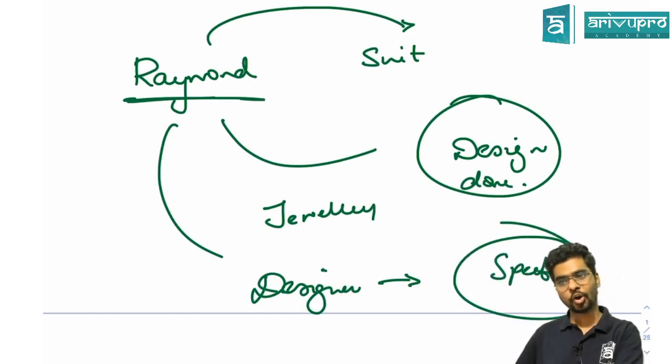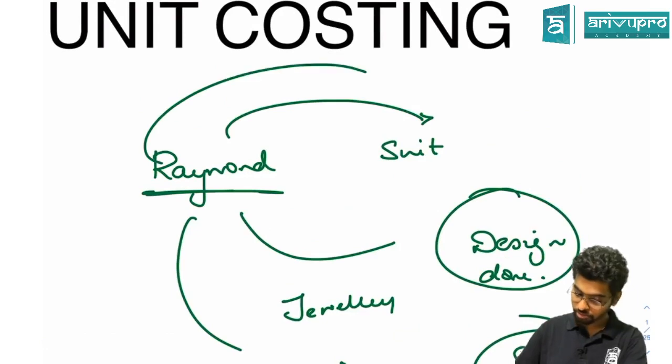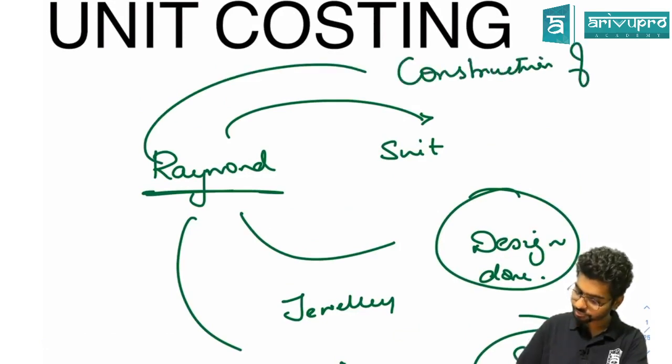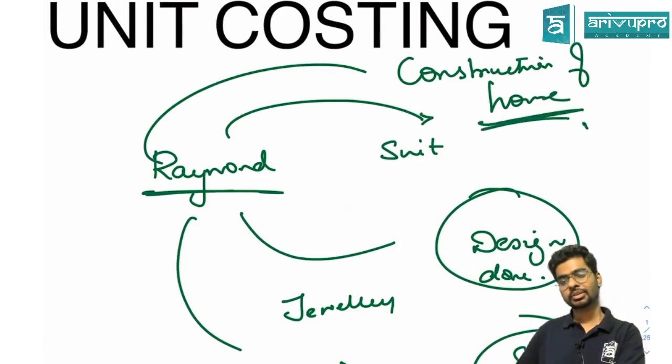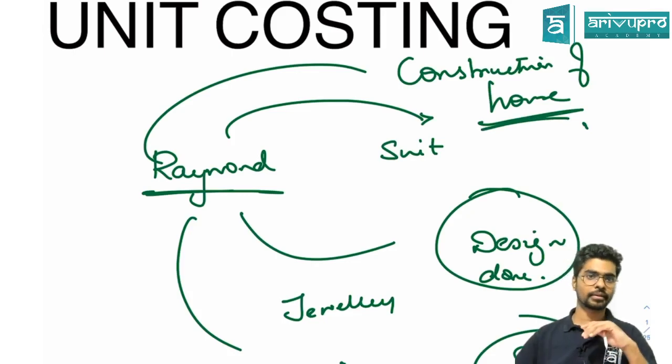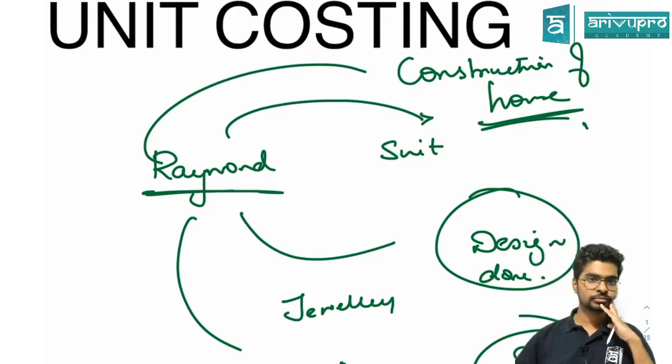Now, what is common in all of this? Or even I can go with regards to construction of a house. What is common in all of this? Custom made, specific products, right?